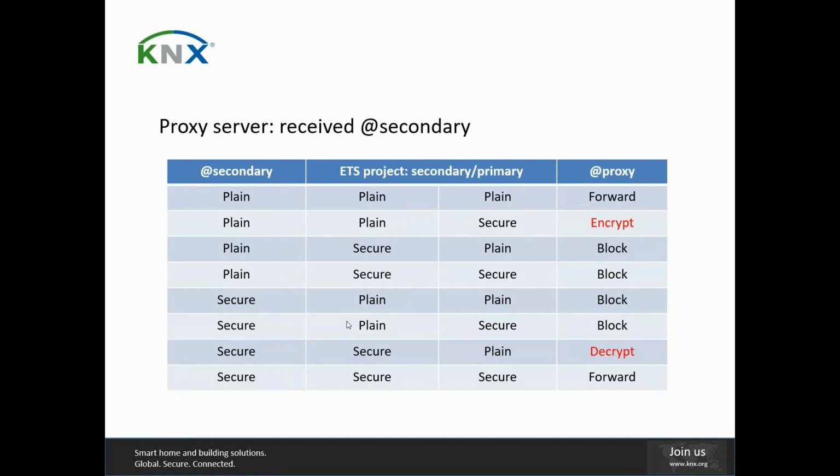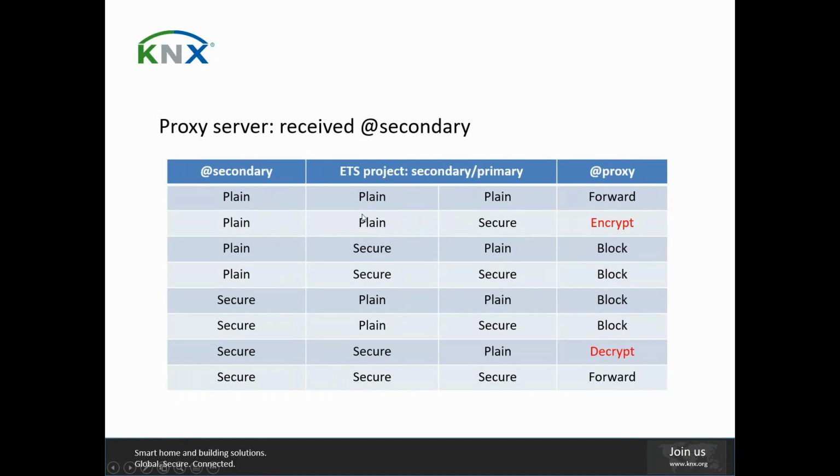So I don't need to repeat all of this here, because it is actually a repetition of the same principle. So of course also, for example, if the telegram for that group address is a plain one, then the proxy server has to check what is to be expected.